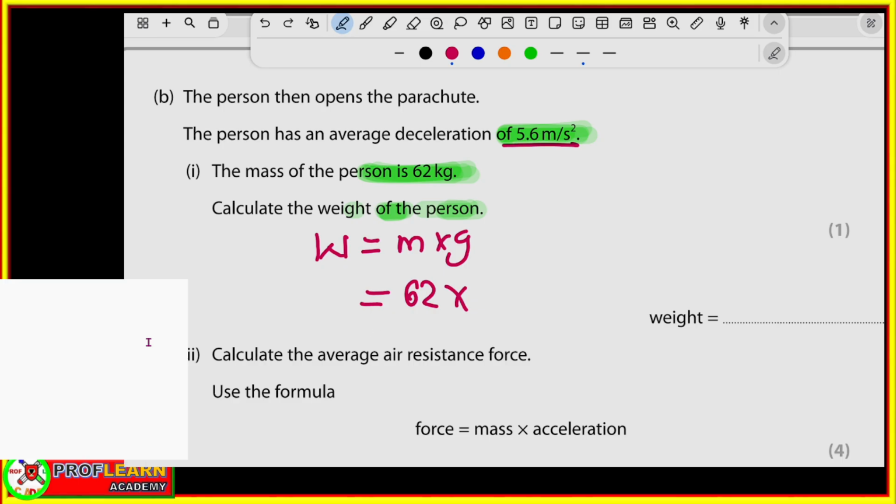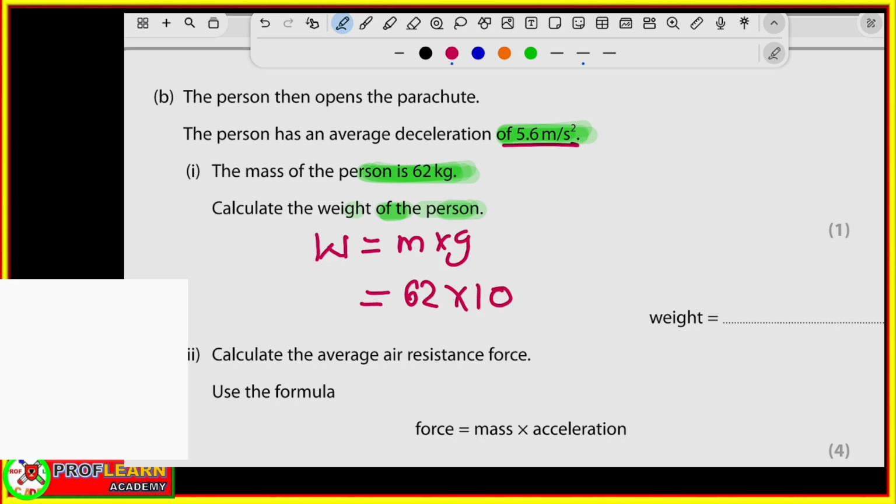Okay, let's check which constant they provide for us to use if you are told to use G. Yeah, they have provided 10.